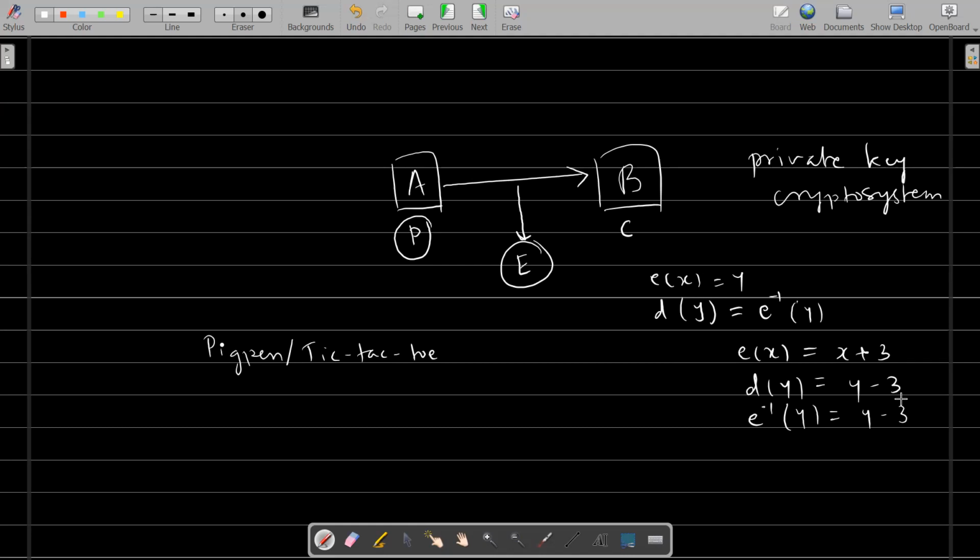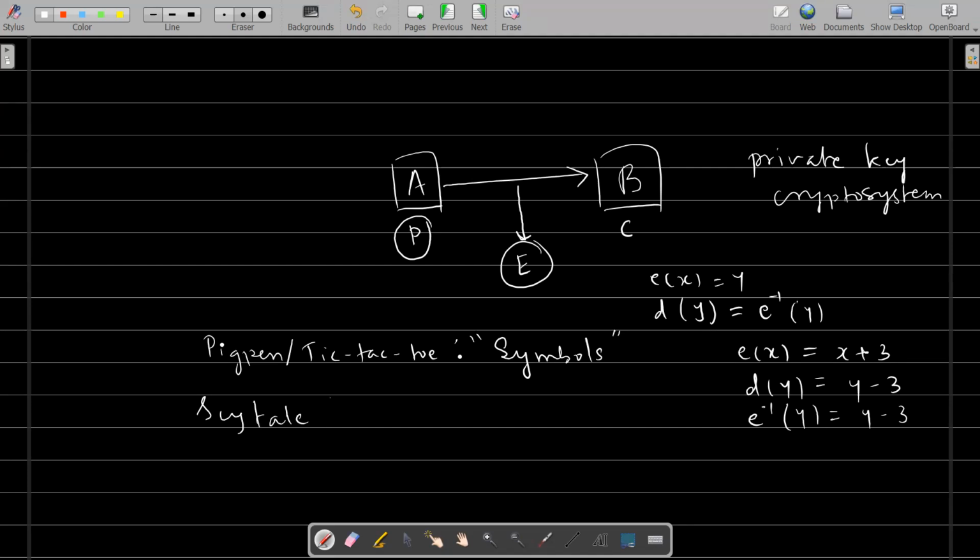We learned the pigpen or tic-tac-toe method, where instead of letters we use symbols. Then another method, the scytale.